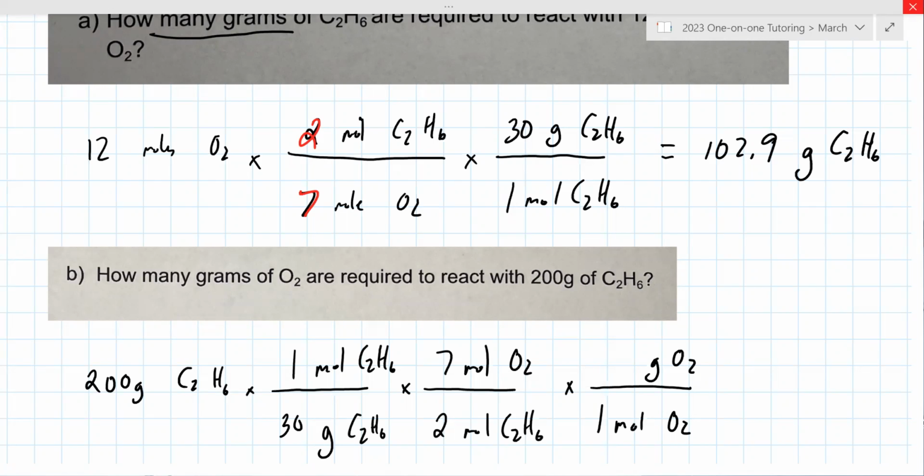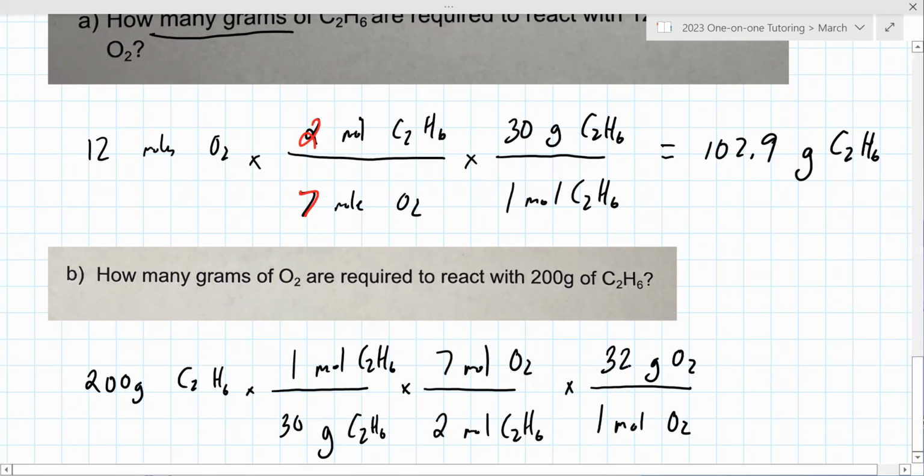Times. It's just grams of O2, so it's just 2 O's. 32 grams. Whatever it is, you don't worry about the coefficients.